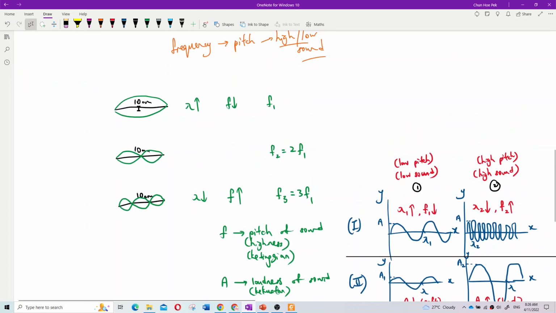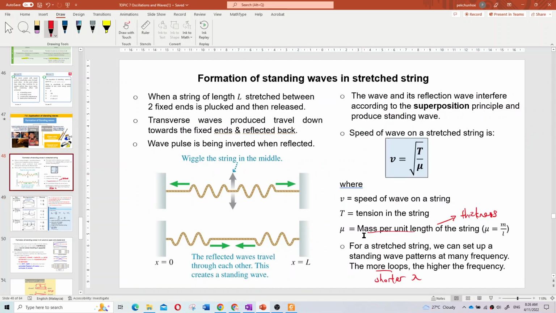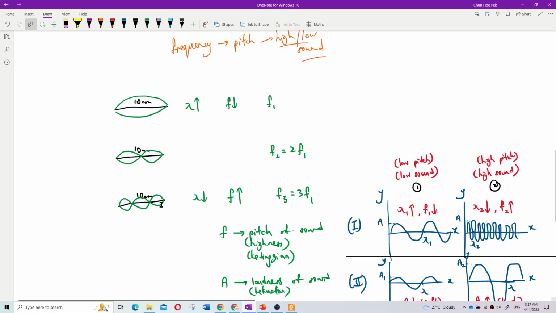So I can say this one is long wavelength. This one is short wavelength. Because for the same length, this one has more loops. That is what it means: more loops, the higher the frequency. Understand? So this one has more loops, means it has shorter wavelength.